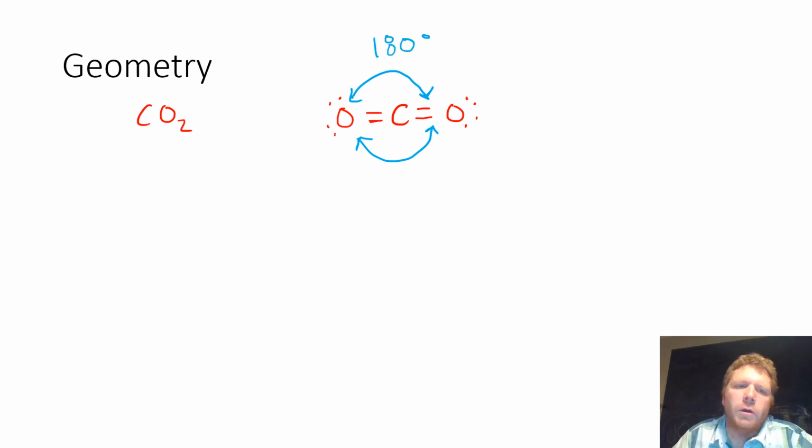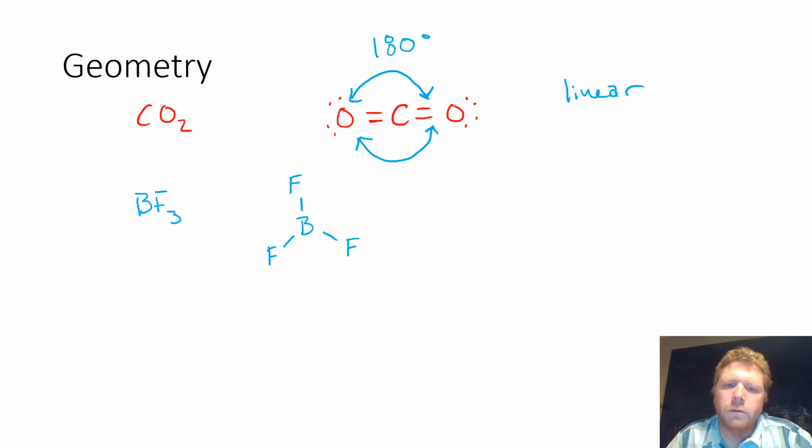Now, if we take a molecule like BF3, at the center you've got boron, and then you've got 3 fluorines, and I'm not going to draw the electrons on my fluorines, but this is what that molecule looks like. Boron is a unique example of an atom that can break the octet rule by not having a total of 8 electrons around it.